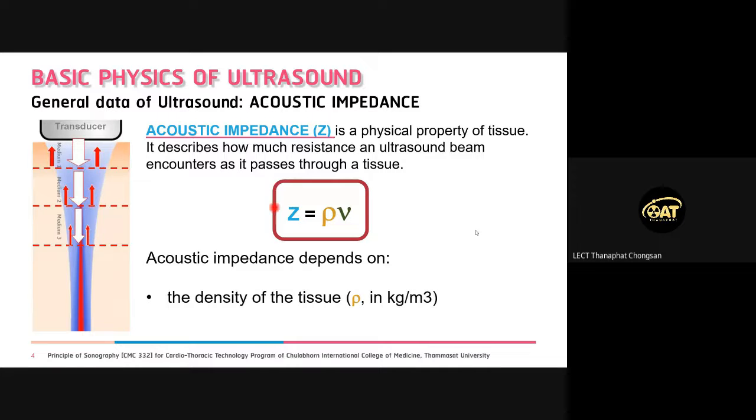This is acoustic impedance, and this symbol is called rho. Rho is the density of the tissue in kilograms per cubic meter. The letter V is the speed of the ultrasound wave.